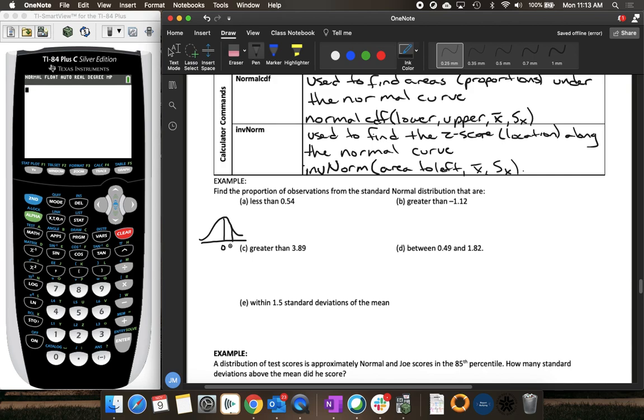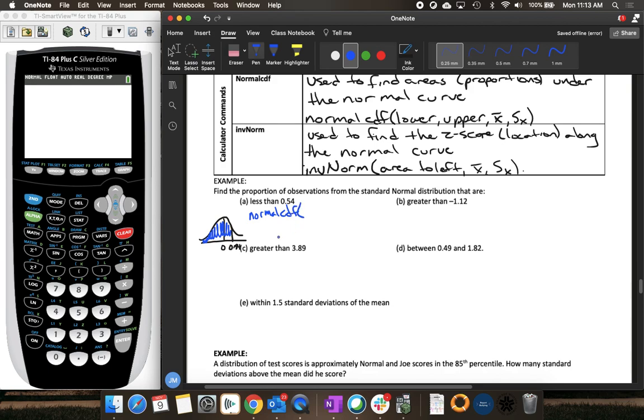So let's say 0.54 would have to be somewhere to the right of the mean. And so we're wanting to know what is this area that I've shaded in blue right here. Well, to find that area, we can't use the empirical rule because unfortunately 0.54 is not a full standard deviation from the mean. So instead, we're going to use normalcdf.